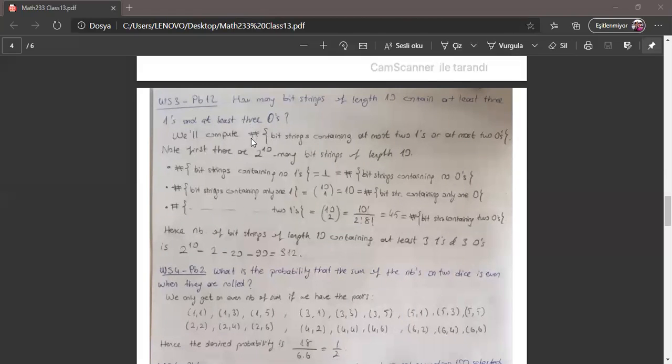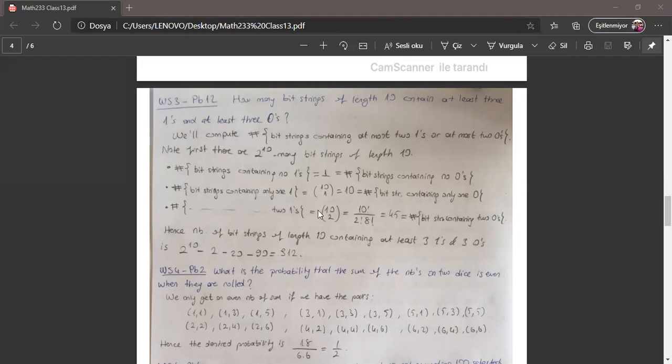This means the cardinality of this set, the number of the elements of this set. So what's this? Bit strings containing no ones. Each digit is 0, which means there is only one way to create that string. So it's 1. The number of bit strings containing no ones is 1, and similarly for the zeros case, we have 1, so 2. Now what's the number of bit strings containing only one 1?